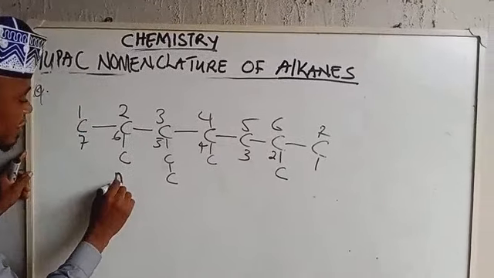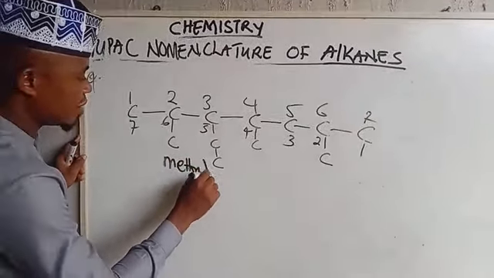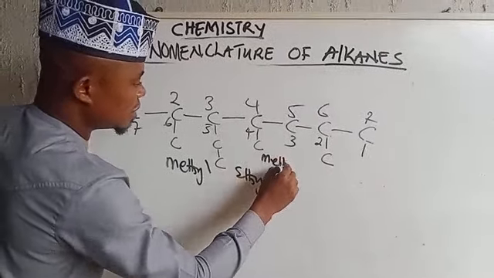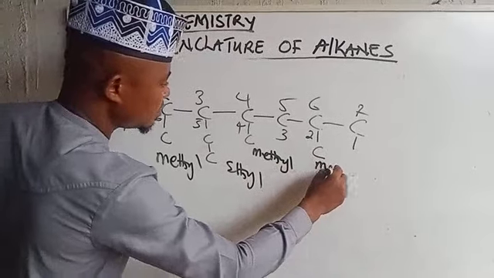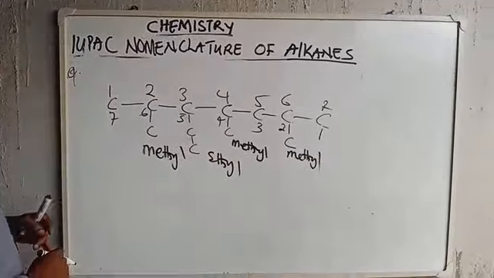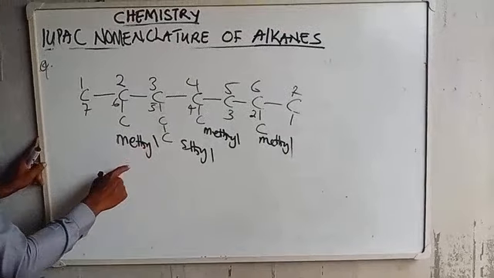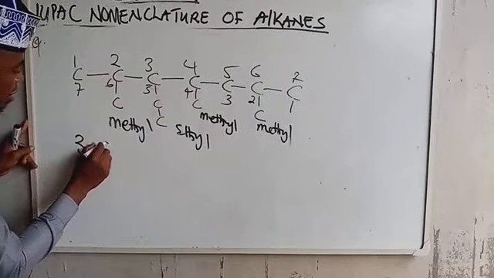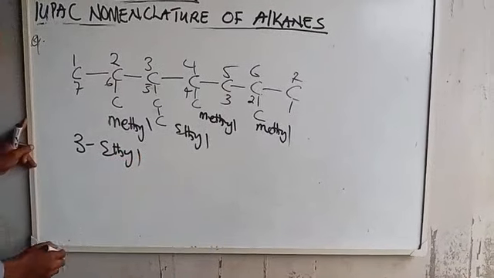Now remember, this is a methyl. This is ethyl. This is a methyl. This is a methyl. We're going to name alphabetically too. So E comes before M. And my E is on carbon number what? 3. So it's going to be 3-ethyl.